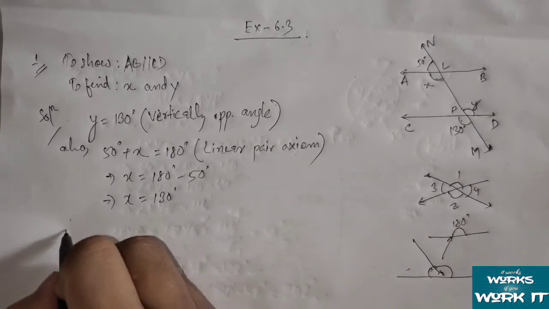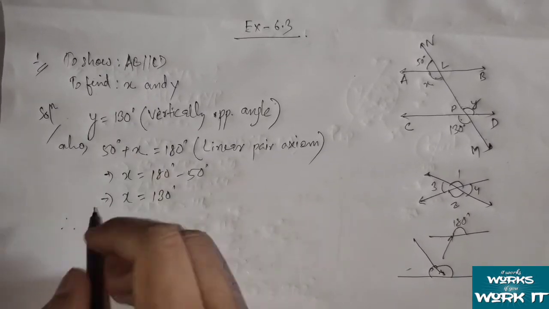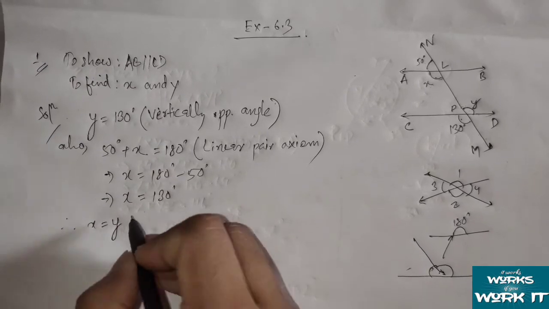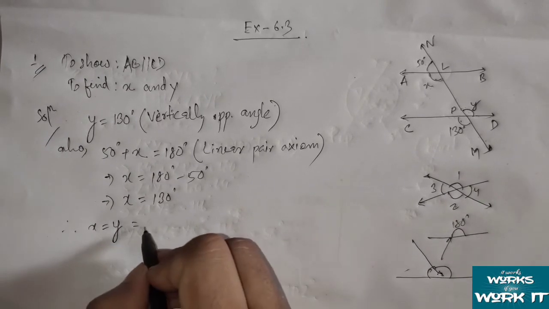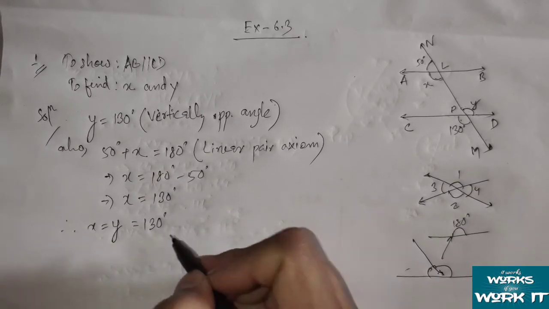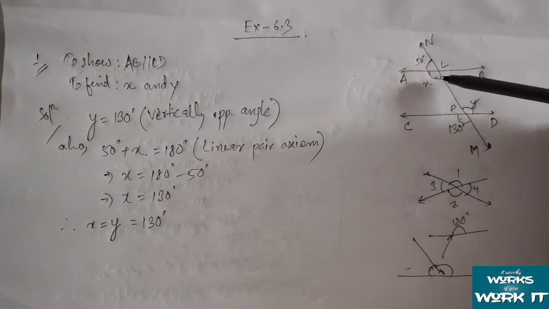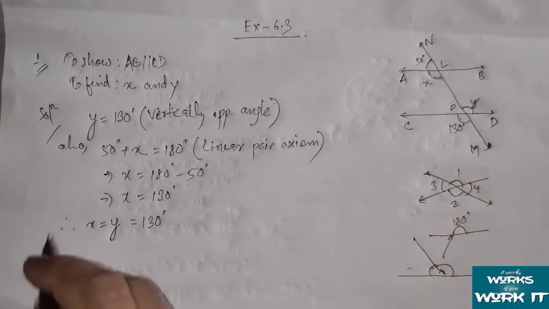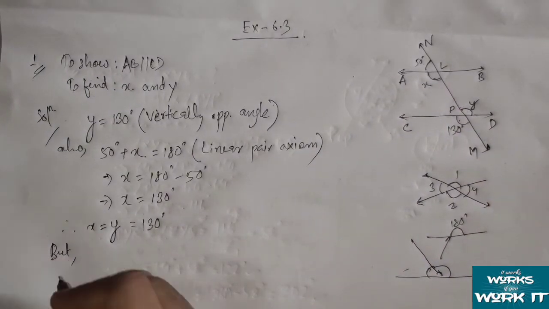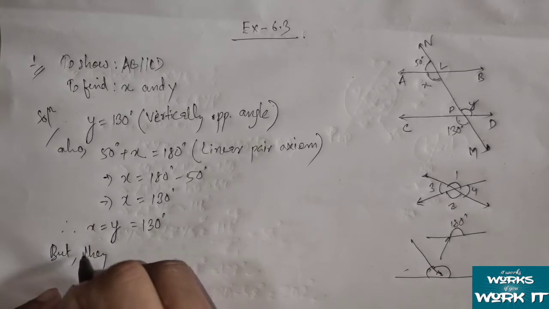If you compare the results of x and y, they both are equal. x is equal to y is how much? 130 degrees. And if I compare the result with the diagram here, this x and y are alternate angles.